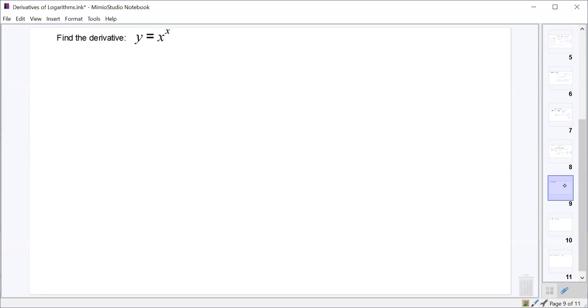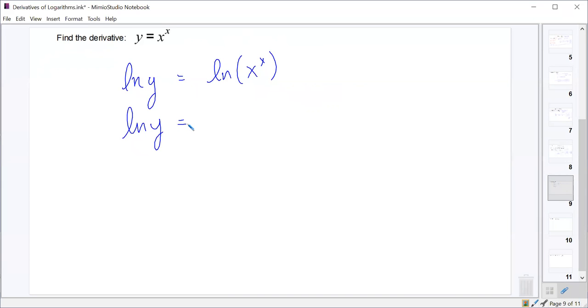So what we're going to do, anytime you have a function to another function, is you're going to just take the natural log of both sides of it. And that's going to allow you to rewrite the right-hand side by doing what? Bring the x to the front.